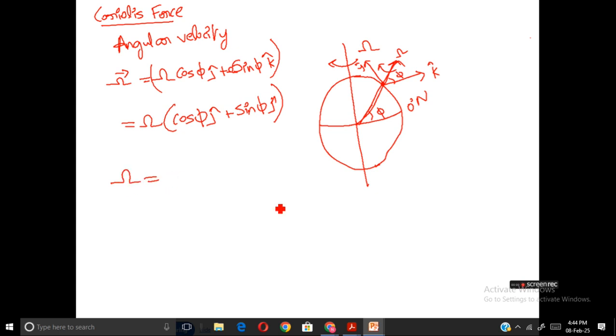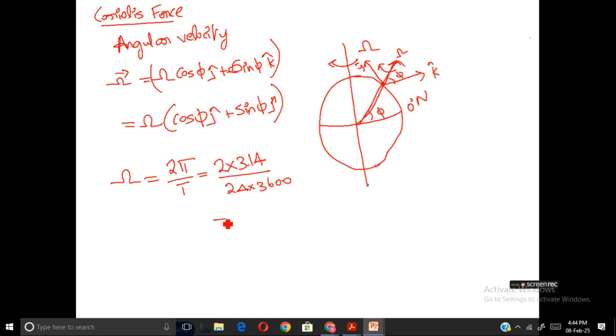Omega is basically the angular velocity of the earth, which is given by 2 pi by T, which is 2 into 3.14 by 24 into 3600. Can you calculate and tell me what will be the angular velocity of the earth?